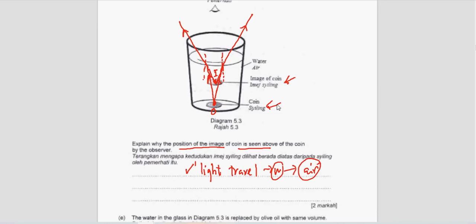That is mark number 1. And then tick number 2, you need to mention it bends away, because from water to the air, denser to less dense. Bend away from normal line. Okay, understand?